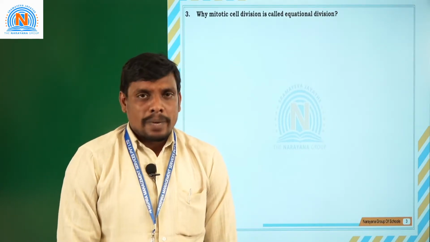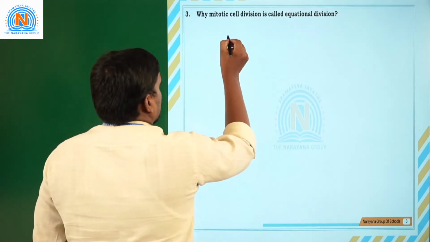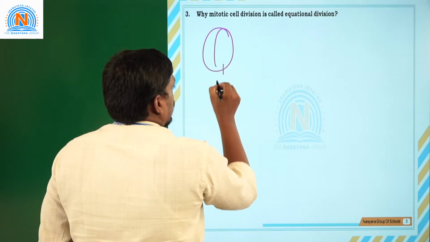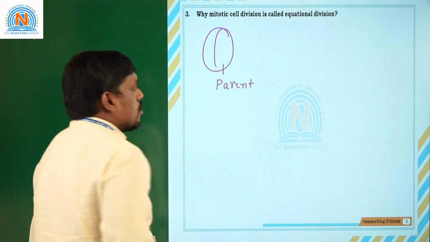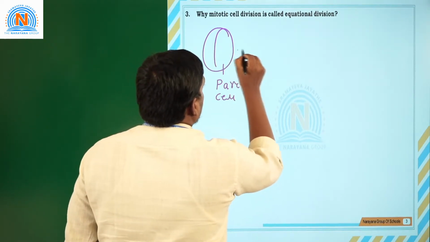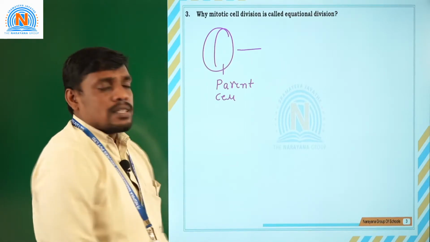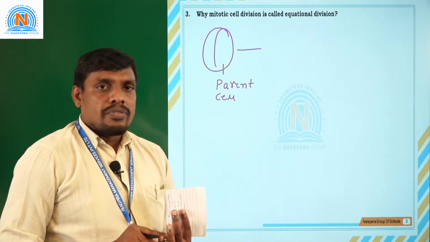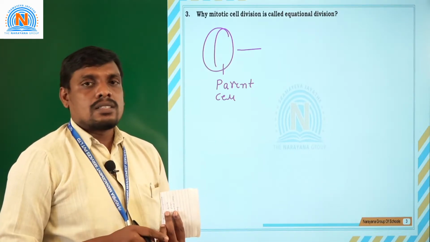For your better understanding, I would like to draw the diagram. Suppose we take a zygote. Just imagine it is a parent cell. The parent cell undergoes division. During mitotic cell division, you can see the stages prophase, metaphase, anaphase and telophase. Telophase is the last subphase.